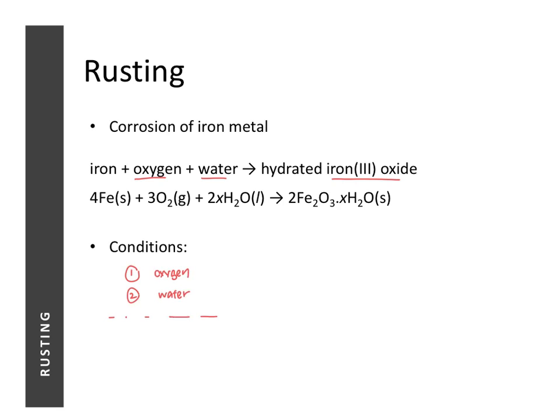Okay, another important thing to take note is that rusting is actually faster when you have a salt solution, or rusting occurs faster in salt solutions or in acidic solutions. Okay, reason being the ions in these solutions, they actually speed up the reaction.